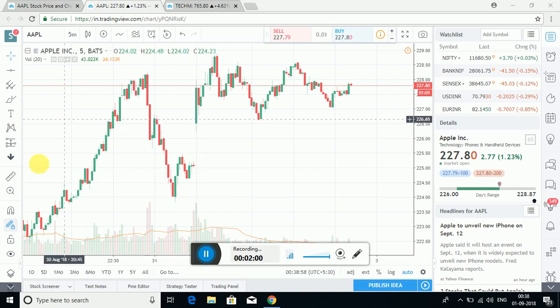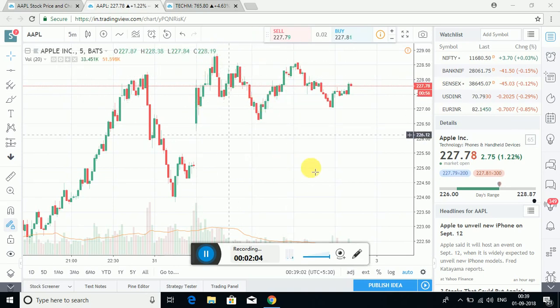So I was just watching this script, Apple, and I saw something very interesting in it. So I thought that I'm going to share my preliminary analysis, my on-the-spot analysis with you guys, so that you can approach the market in a much more disciplined way before you enter into a trade.